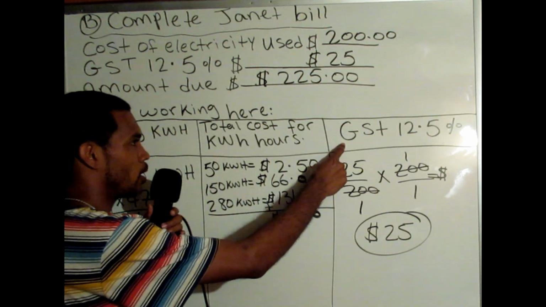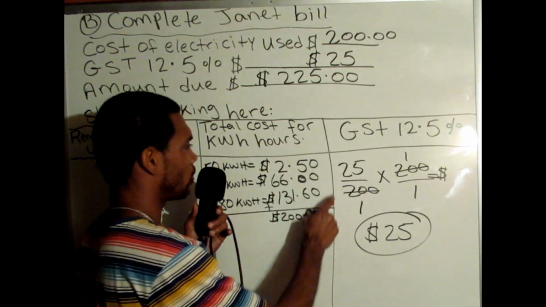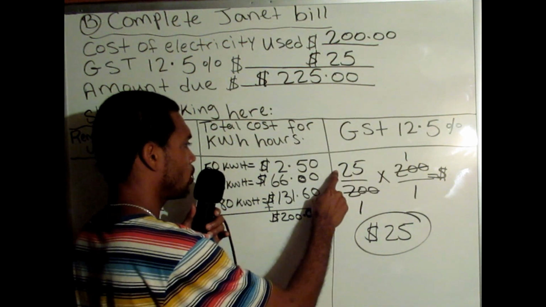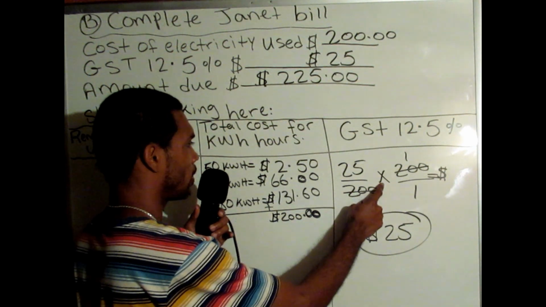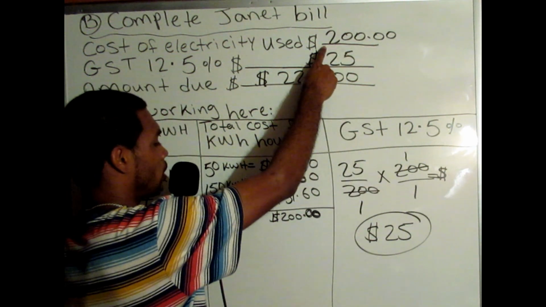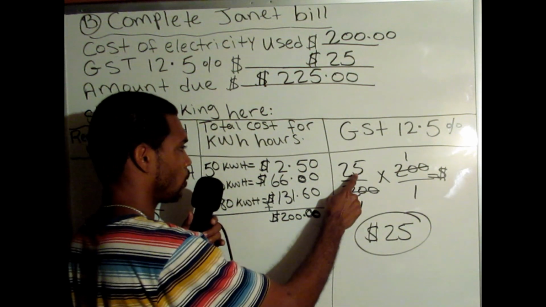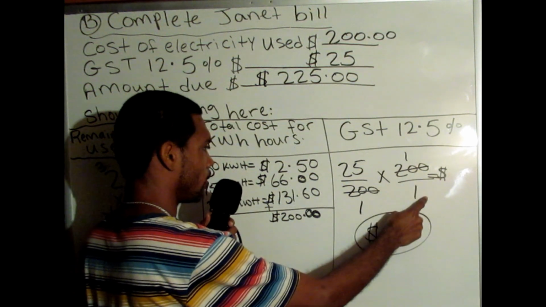Then this part says find 12.5%. Whenever you want to find 12.5% of any number, you just convert that 12.5% to 25 over 200. Then you cross multiply times the amount of money that the bill is at the moment, which is $200. So 25 over 200 times your amount over 1.